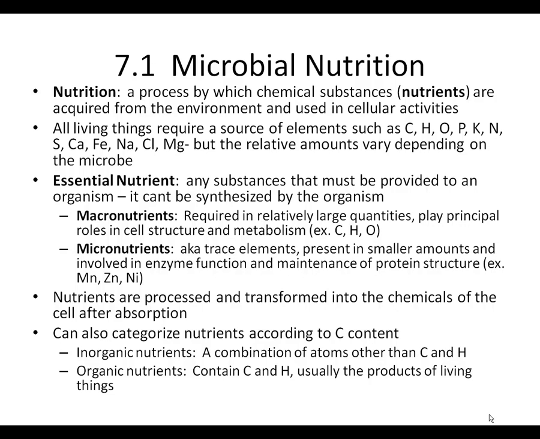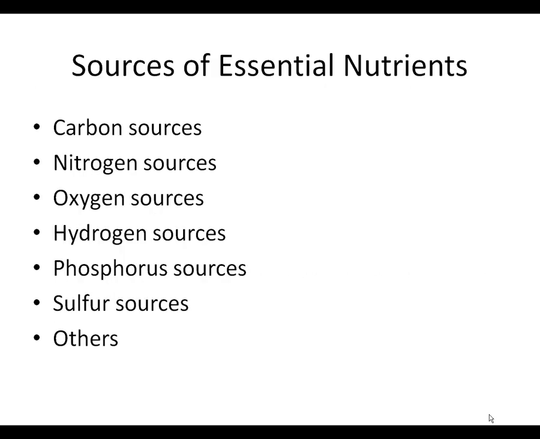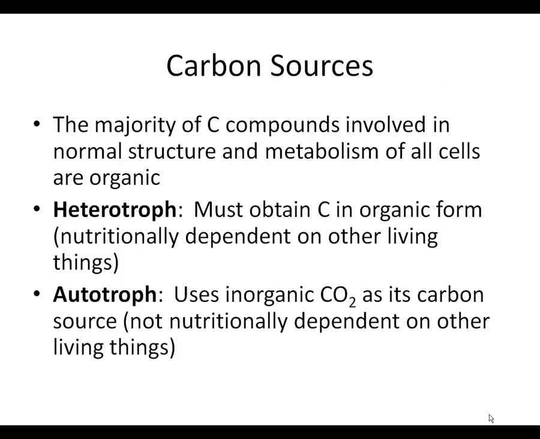Those all were living at one time. Our carbohydrates come from grains, which are, of course, plants. So we get a lot of these nutrients from living things. We have a number of sources of these essential nutrients, and let's just start talking about them. Carbon sources.